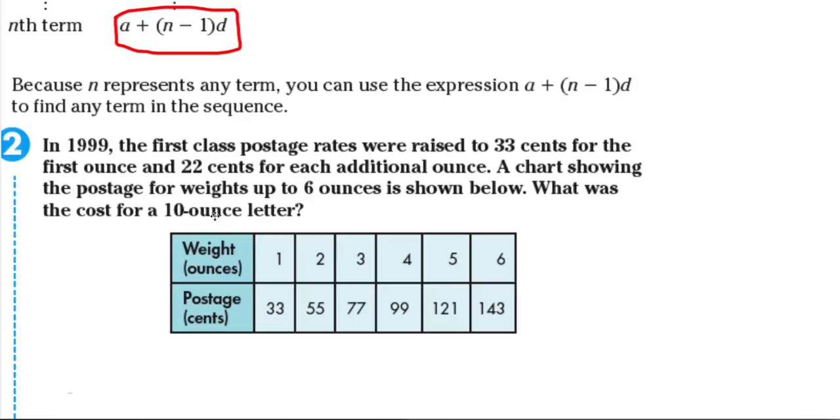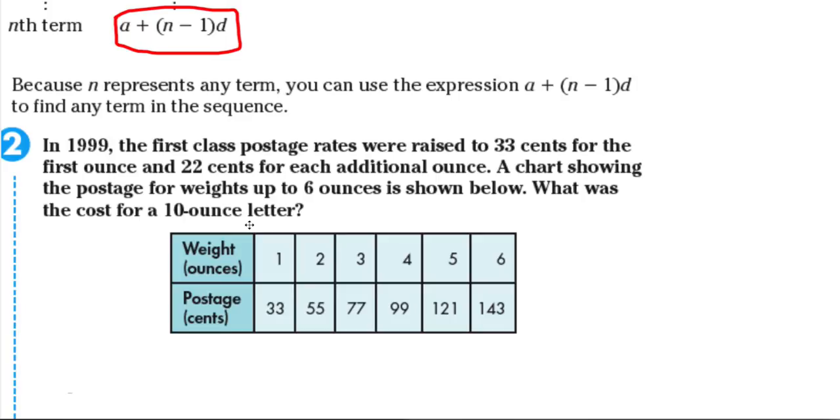What was the cost for a 10-ounce letter? Let's start off with the weight in ounces. You have 1 ounce, 33 cents, 2 ounces, 55, 3 ounces, 77, 4 ounces, 99, 5 ounces, 121, and 6 ounces, 143 cents. It's asking what was the cost for the 10-ounce letter.